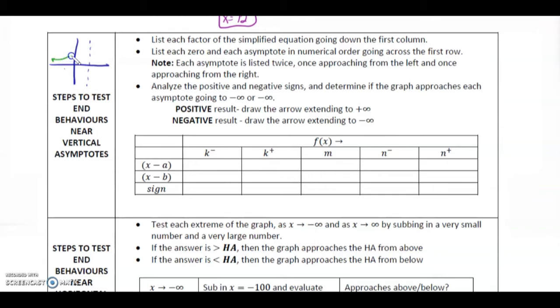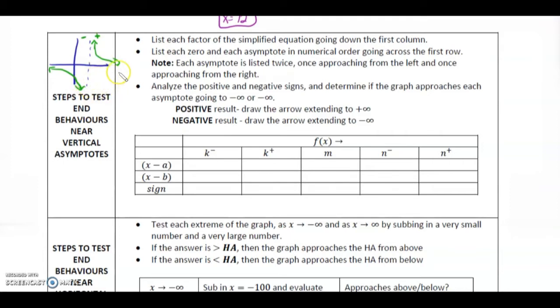We're either going to approach that asymptote and approach infinity, or we're going to approach this asymptote and approach negative infinity. That's talking about approaching this asymptote from the left. Now, from the right-hand side, we would do the same thing. Are we going to approach infinity and it look like this, or opposite, are we going to approach negative infinity?